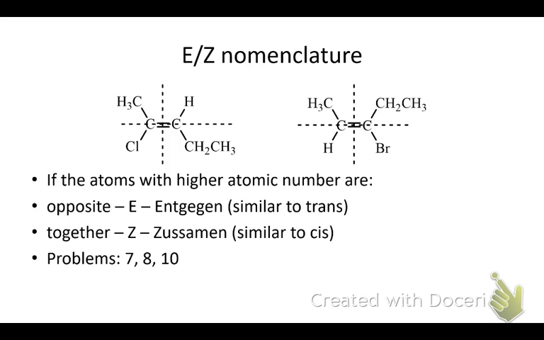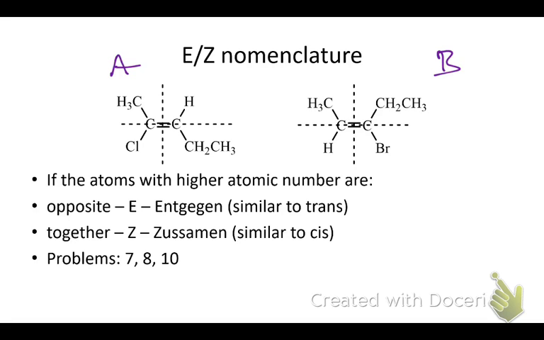This first one, we'll call this A, and this one B, right? If we're looking at structure A, you notice I have a CH3 and a Cl on one side, right? And we talked about big groups being on the same side or on opposite sides. And this one, now I have two big groups. So how are we going to define big? It goes by atomic number.